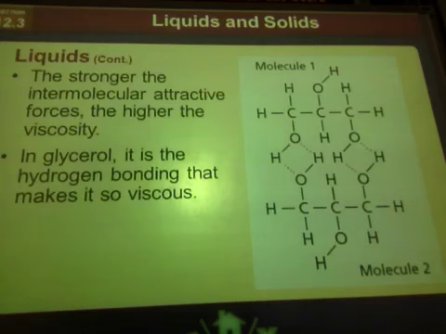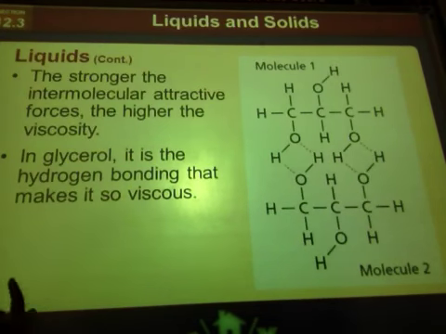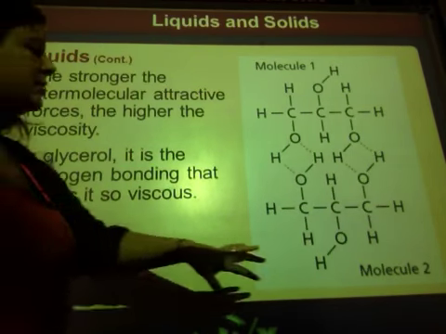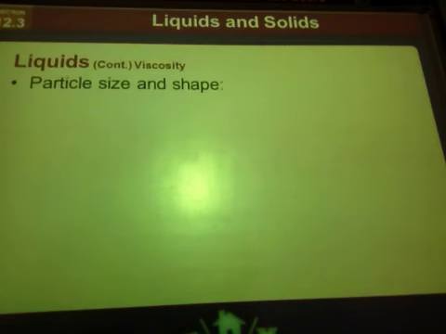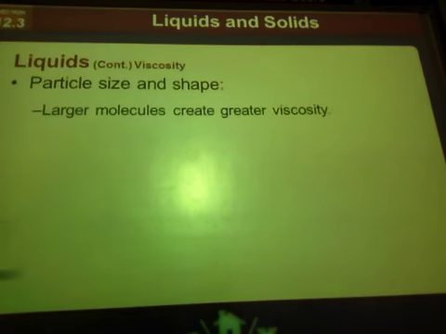So between these two molecules, I can have 4 hydrogen bonds. And so if I added a molecule down here, it would make another 4 hydrogen bonds. Okay, so that's the way that attractive forces can determine a liquid's viscosity.